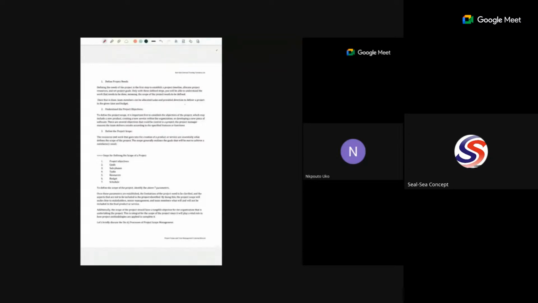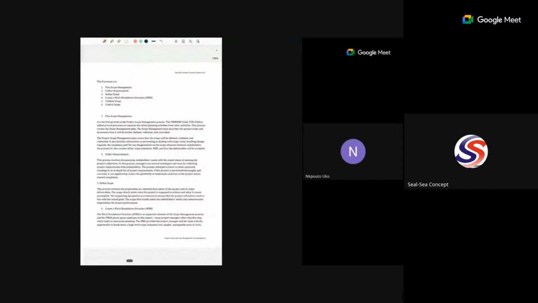What is your scope all about? Your scope statement, what is it? What are the milestones in the project? What are the deliverables in your project? What are the risks involved in your project? What are the assumptions that you are maintaining in the project? All these things will guide you.